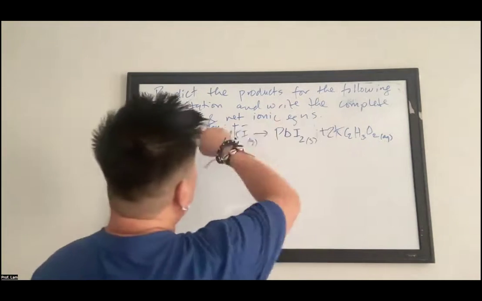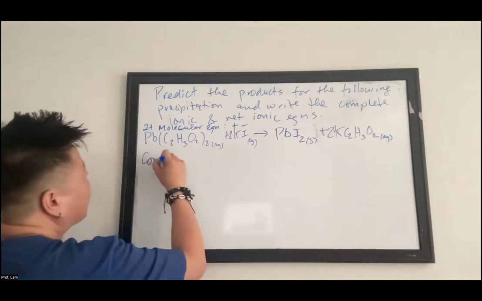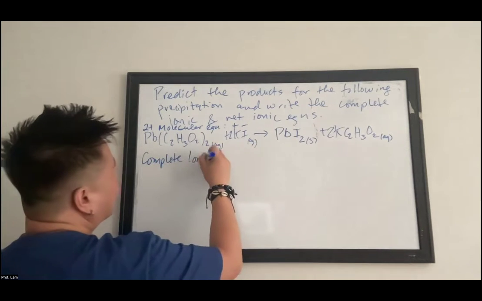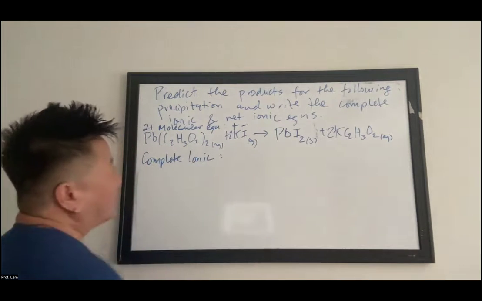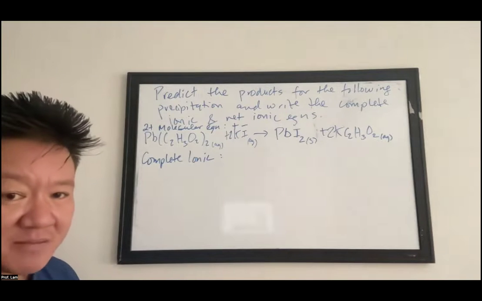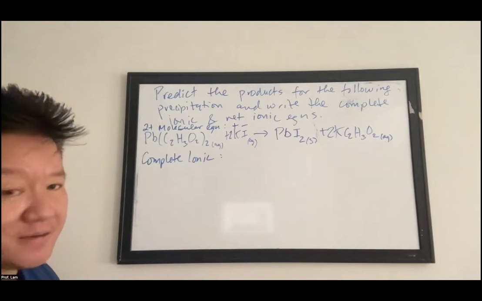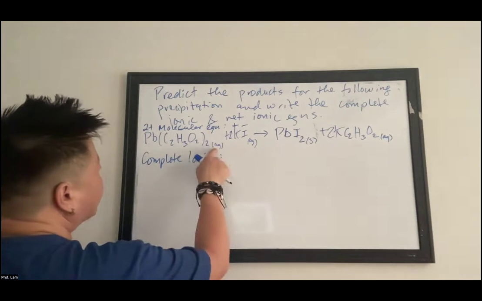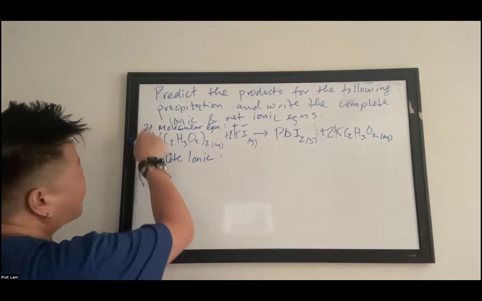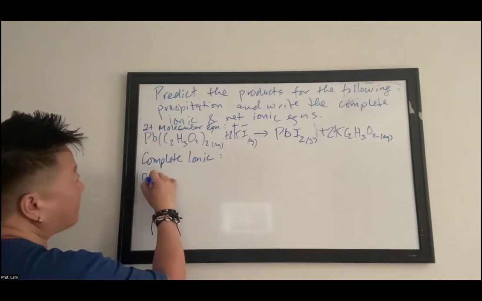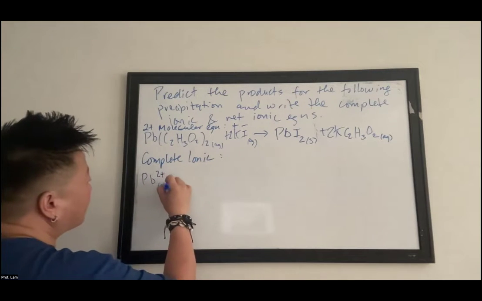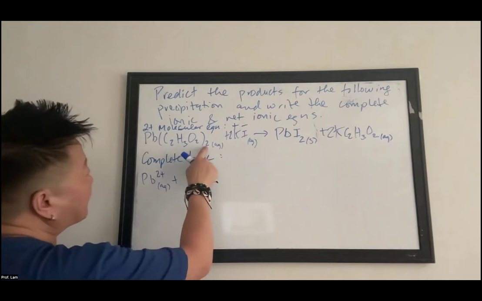Now it says, write the complete ionic and net. So I'm going to do complete ionic. Remember, in complete ionic, anytime I see aqueous, I'm going to split it up, right? So I see aqueous here. I know that Pb is 2 plus, so I'm going to write Pb2+ aqueous plus. I see 2 acetates, right?